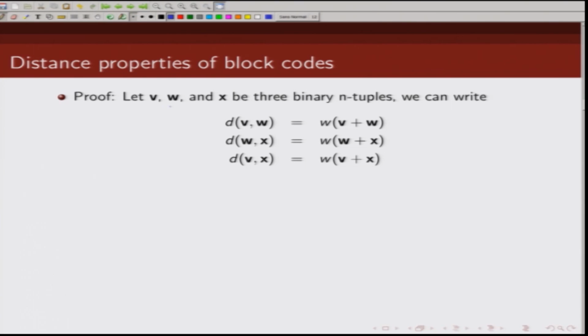So, let V, W and X be 3 binary n tuples. The Hamming distance between V and W can be defined as the Hamming weight of V plus W. Note that we are talking about binary n tuples, right? And what is Hamming distance?